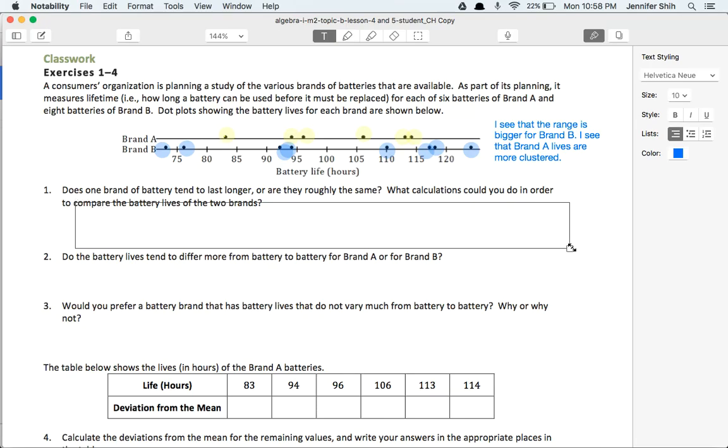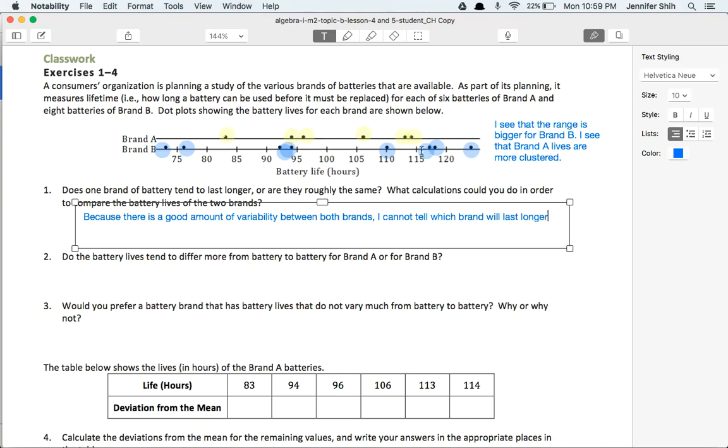Well, if it were to last longer, they would all be clustered like in 120, and then they'd all be clustered in like 90. Then we'd be able to tell. But because they're so spread out, because there is a good amount of variability between both brands, I cannot tell which brand will last longer.